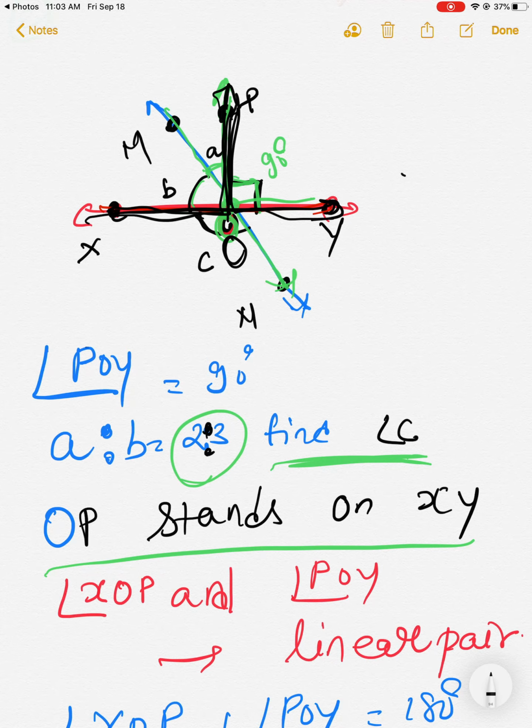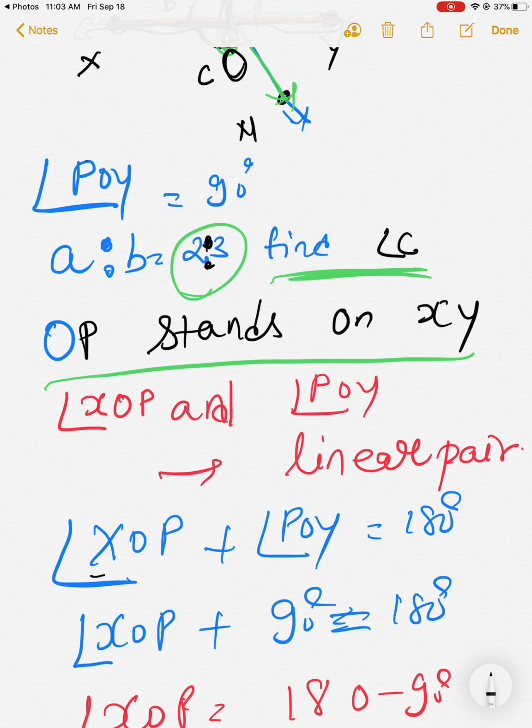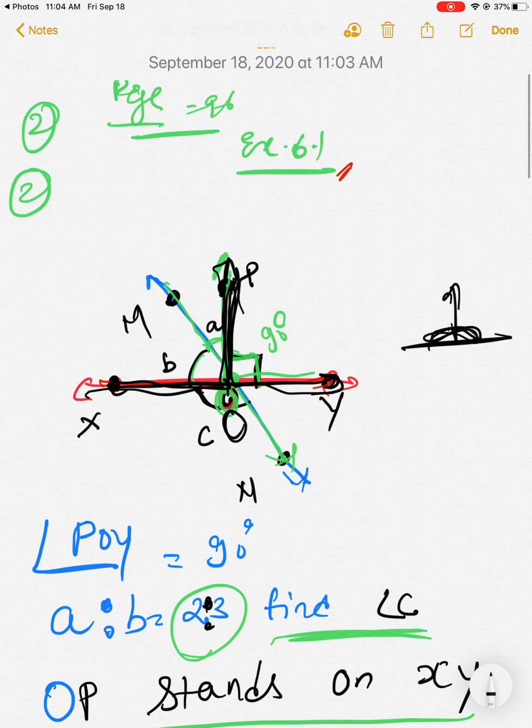Linear pair means they are standing like this, forming a straight angle. As they are making a linear pair, their sum should be equal to 180 degrees.